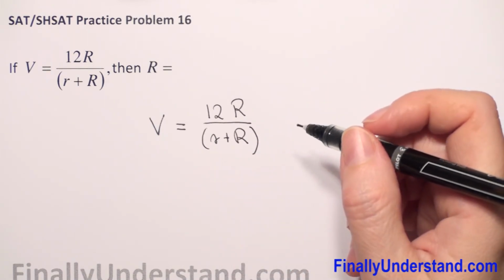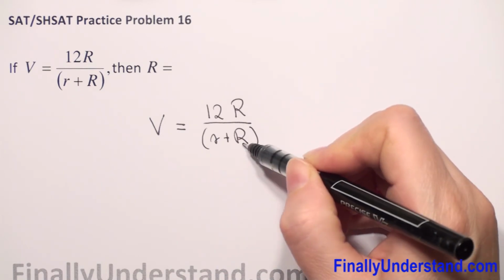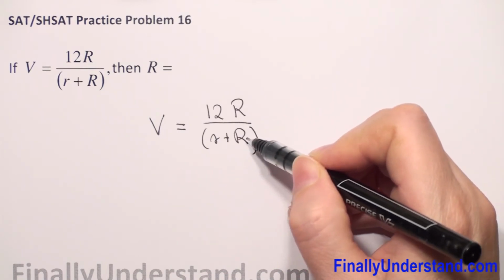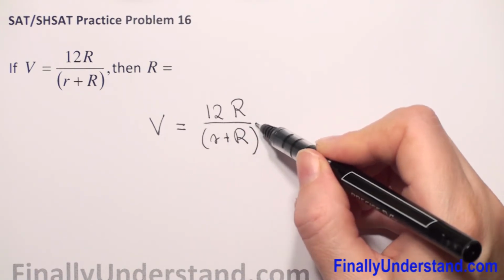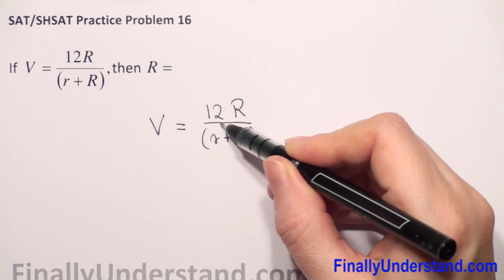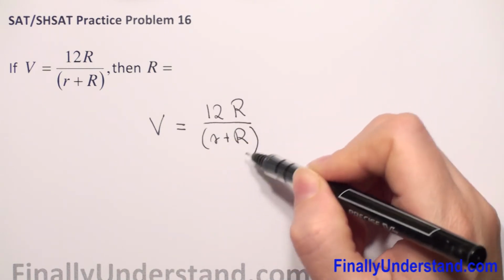So now what we see here is that we have R in numerator and denominator. So what we have to do first is get rid of this fraction. Fraction is like division, so opposite to division is multiplication.